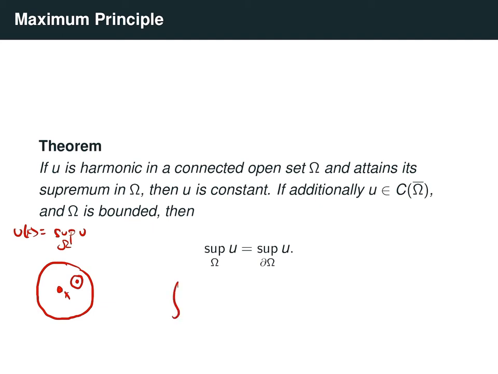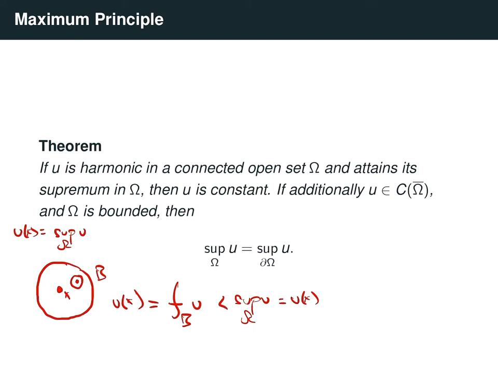So if we take the average of u inside this ball, call it B, this is strictly less than the supremum of u in omega. But this, we're assuming, is equal to u(x), and by the mean value property, this is equal to u(x) as well. Now we get a contradiction, because u(x) is strictly less than u(x).